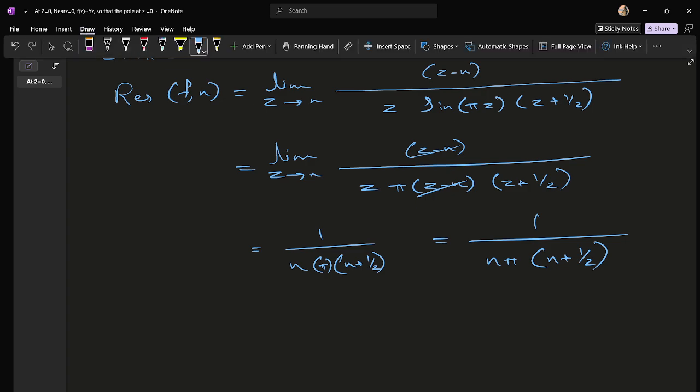So I am writing the final answers. Our poles are 0, minus half, and n, where n is not equal to 0 and n is an integer.